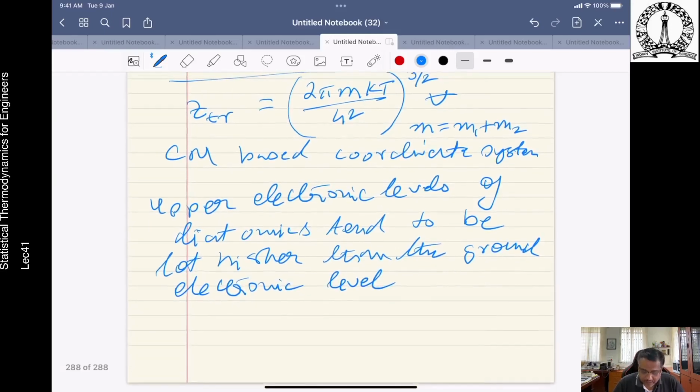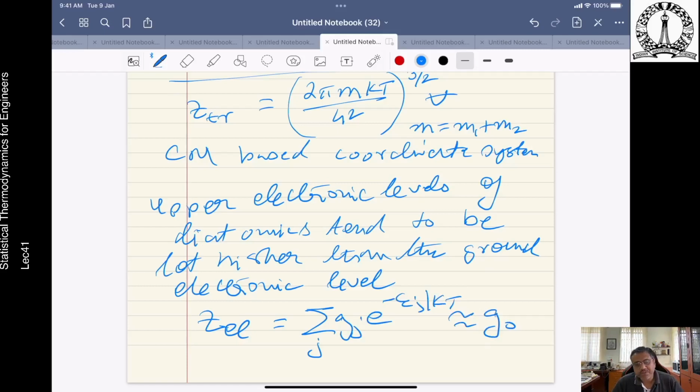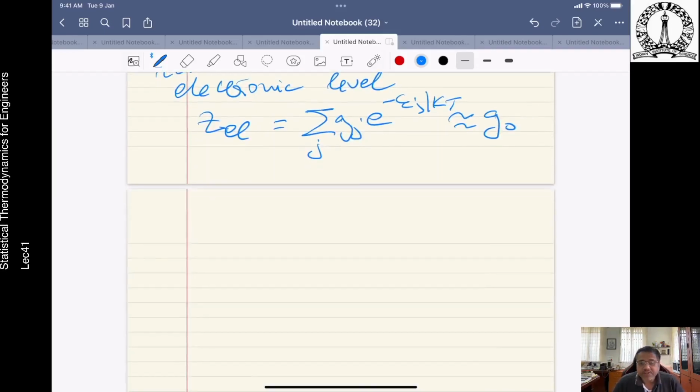So therefore your partition function for the electronic level, the sum of g_j exponential of minus epsilon_j by kT, will almost reduce to g naught, which is the ground state. However, there are exceptions like oxygen and nitric oxide, for example, where this is not quite correct.